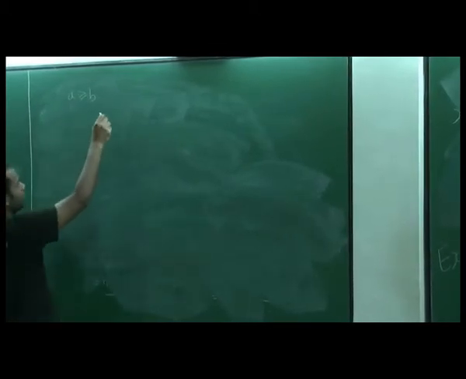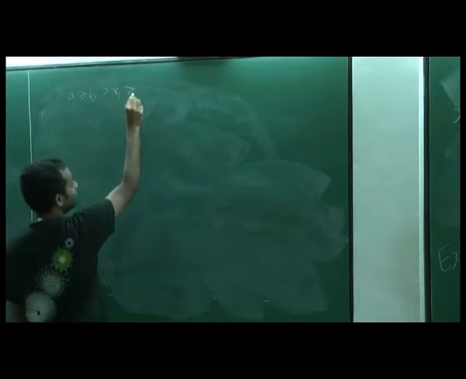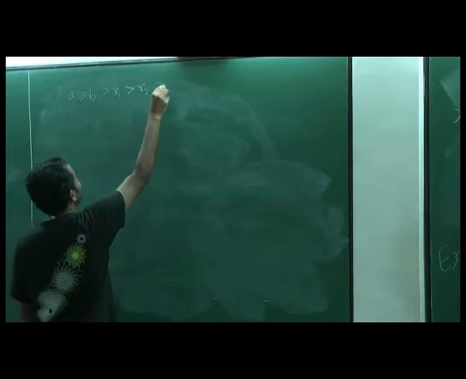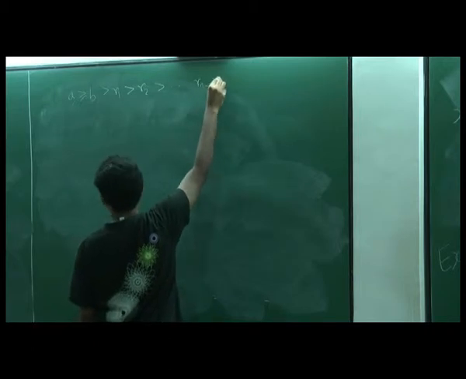So B is greater than R1, R1 is greater than R2, and so on. So Rn minus 1 is greater than Rn.